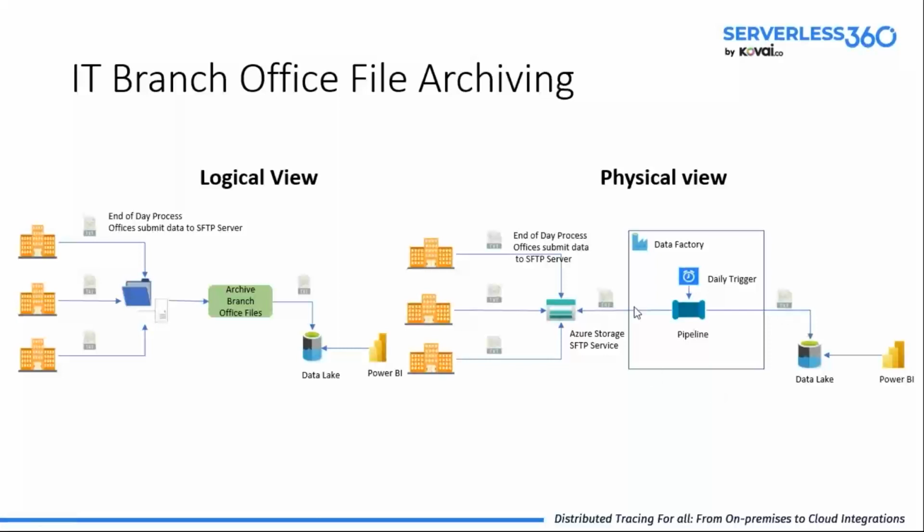So in this scenario, I'm going to build this archiving branch office file system, which involves a data factory. So I'm going to use a data factory, and I'm going to store my SFTP files into an Azure storage. This data factory pipeline is going to retrieve these SFTP files and migrate them to the data lake. So this is the integration that I have built. A timer trigger pipeline component is what has been built here.